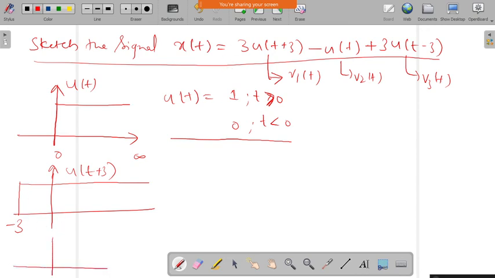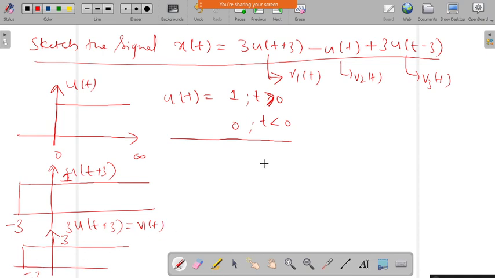The value here is 1. If I multiply by the amplitude scaling factor 3, this becomes minus 3 to infinity with amplitude value 3. So this is your 3 into u of t plus 3, which is nothing but v1 of t.